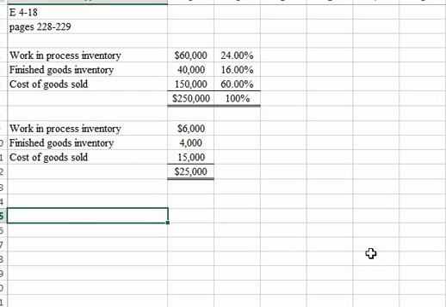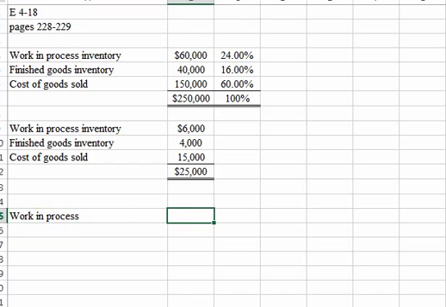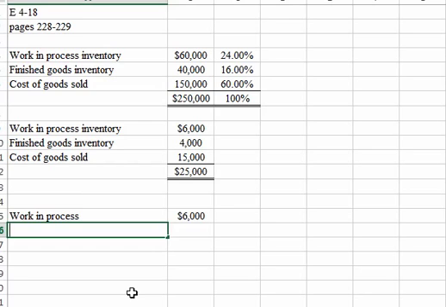Okay, what we're going to do is add some overhead to these three accounts. So we're going to debit work in process for $6,000. Okay, we're going to debit finished goods for $4,000.